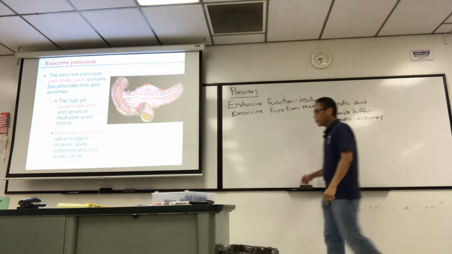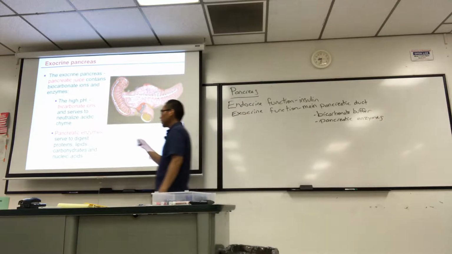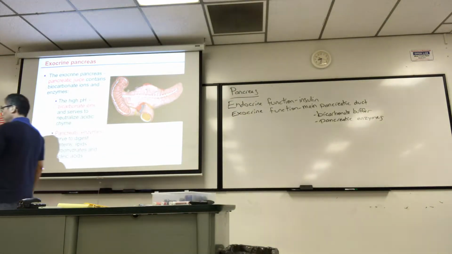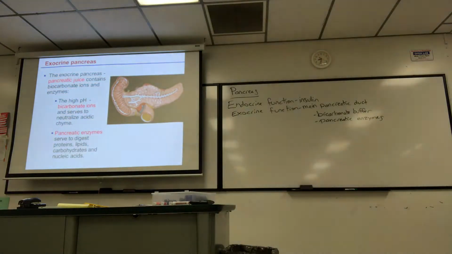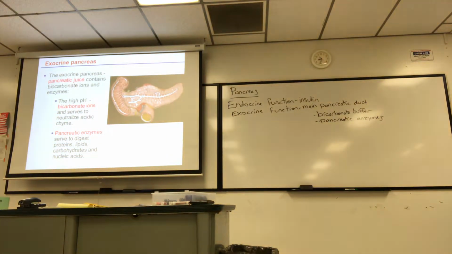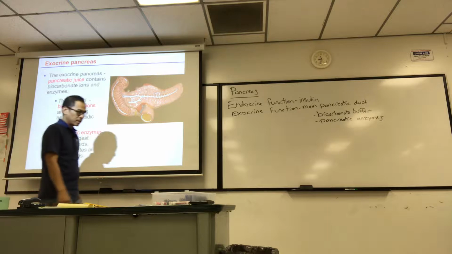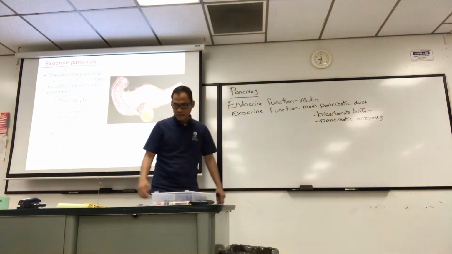You can boil it down to those two things. Those enzymes, if you look at the slide, digest everything: lipids, proteins, carbs, nucleic acids. So I'm just listing it as one term, but it has different enzymes that digest everything.